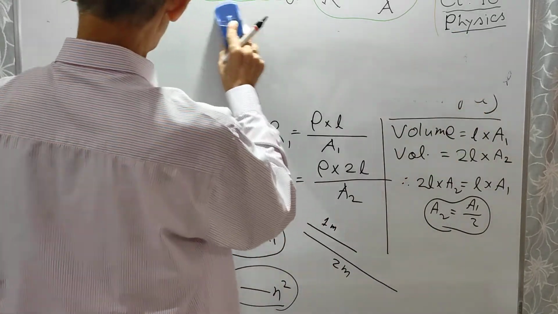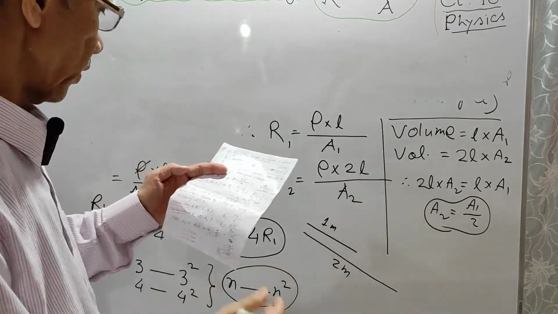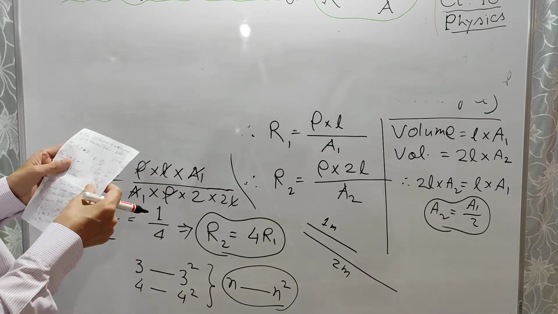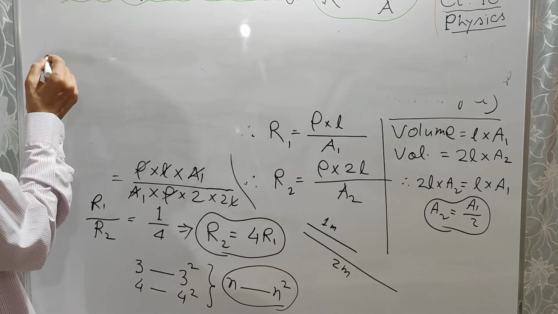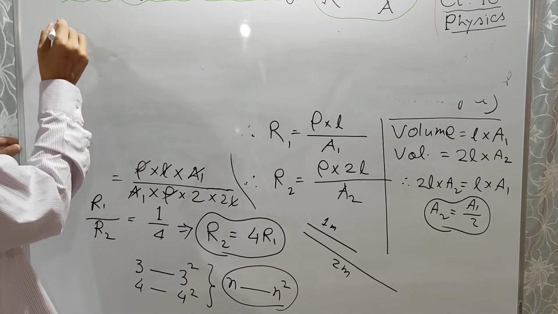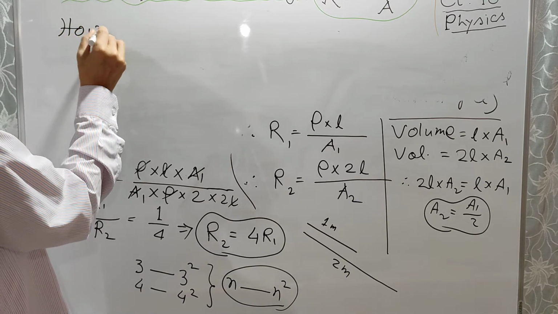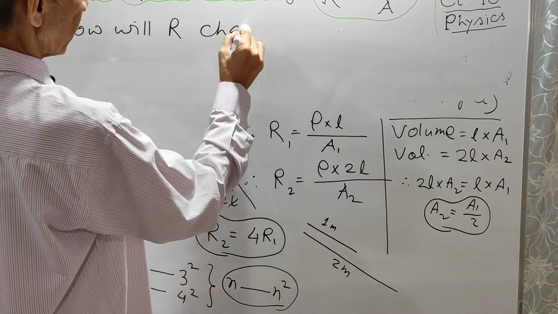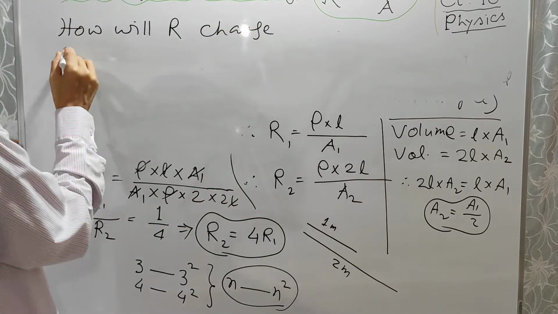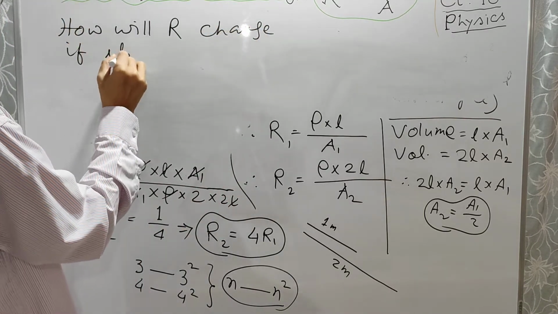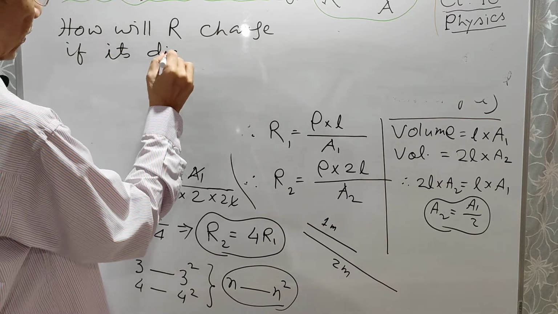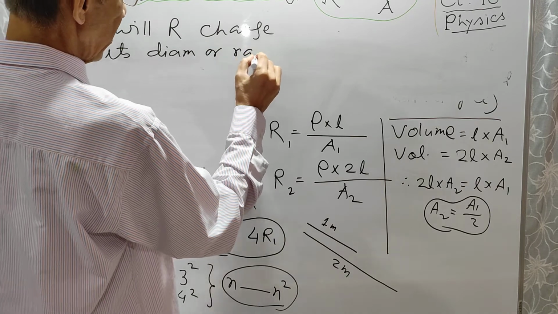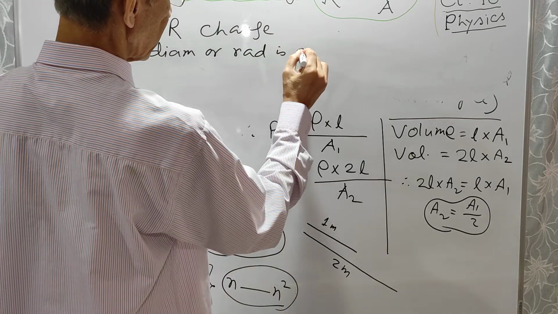The third question is this: how will resistance of a wire change if its diameter is doubled? So how will resistance change if its diameter, or radius, if diameter or radius is doubled.